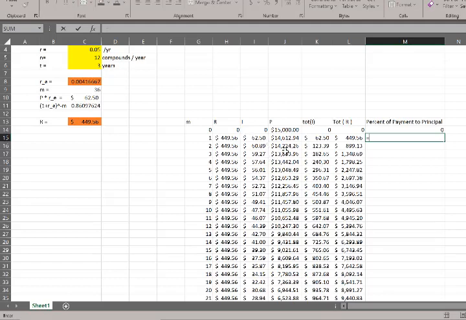So the amount going to principal is simply the difference between the amount that's being paid and then you subtract out what's going into the interest. Divide that by the total payment, and we got 86% right there.